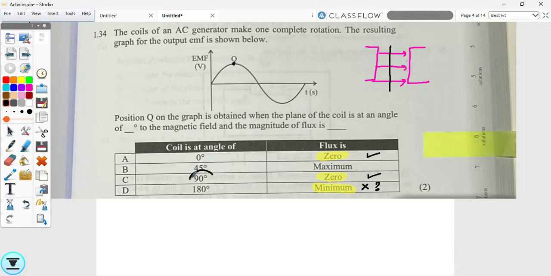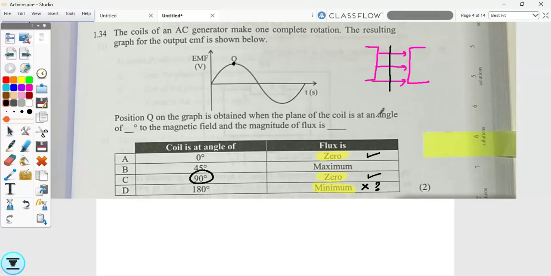So can you see that it's 90 degrees? Okay. So you can't use the equation here because the equation is not about the plane of the coil. The equation is about the normal.